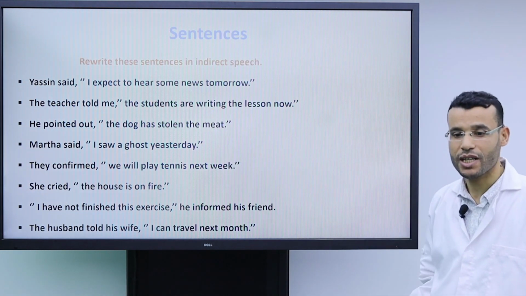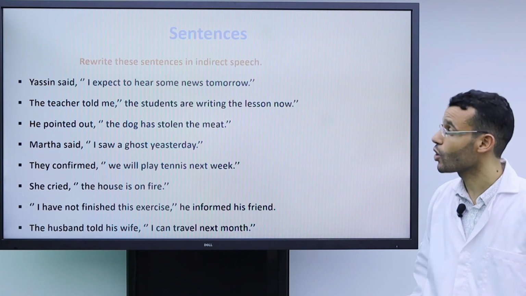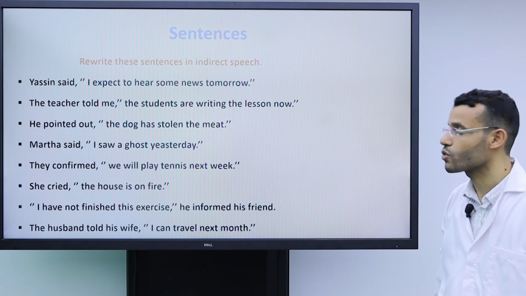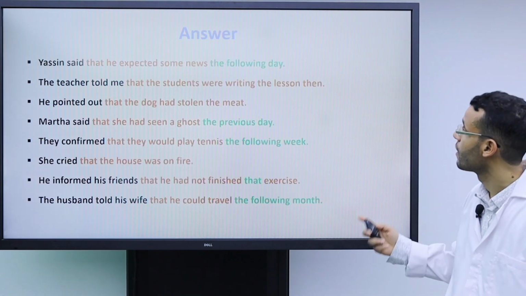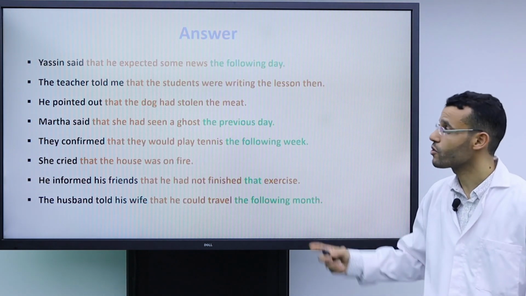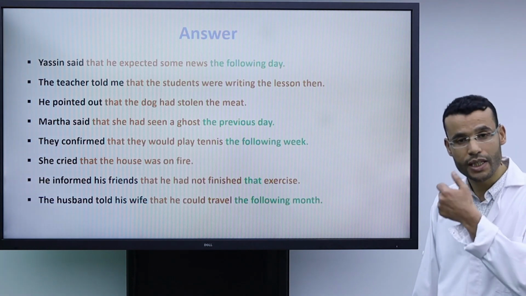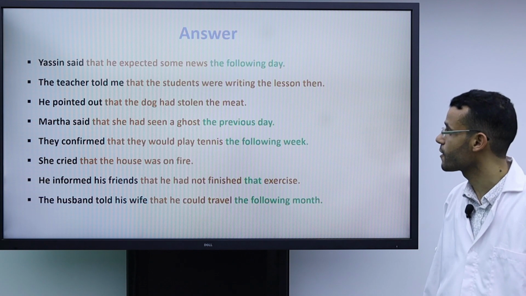It becomes past continuous. So writing becomes was or were writing, because here we have plural, the students. So the students were writing the lesson then. The teacher told me that the students were writing the lesson, or were writing the lesson then.